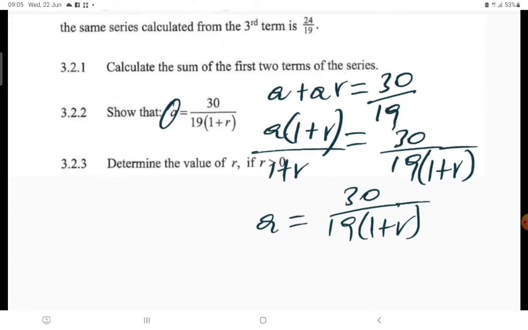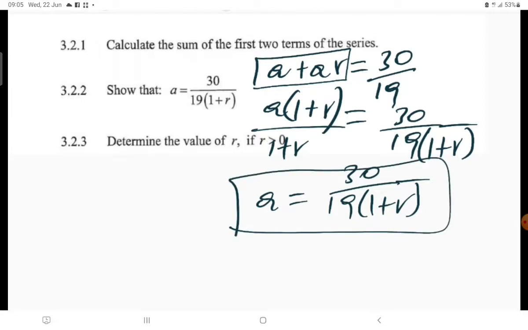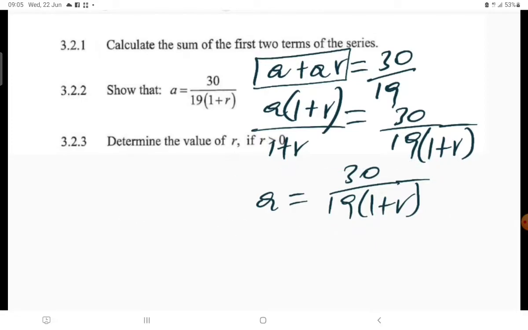So the idea was to write the terms in terms of a and r, so that we figure out the value of a in terms of r. So this is what we have proven, what was required there.